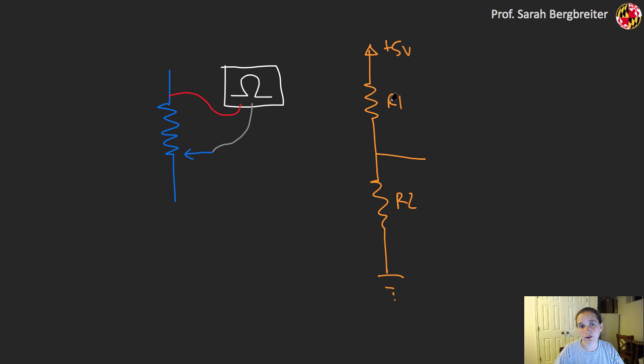R1 plus R2 are always going to equal the nominal resistance of the potentiometer, say 10 kiloohms, but R1 could vary between 0 and that 10 kiloohms. A very common configuration is to set one side of the potentiometer to 5 volts, the other side to ground, and then my wiper I can send to one of those analog input pins, let's say A3 for example. Now I can do an analog read on A3 and actually get some sense of the current position of that knob on my potentiometer.